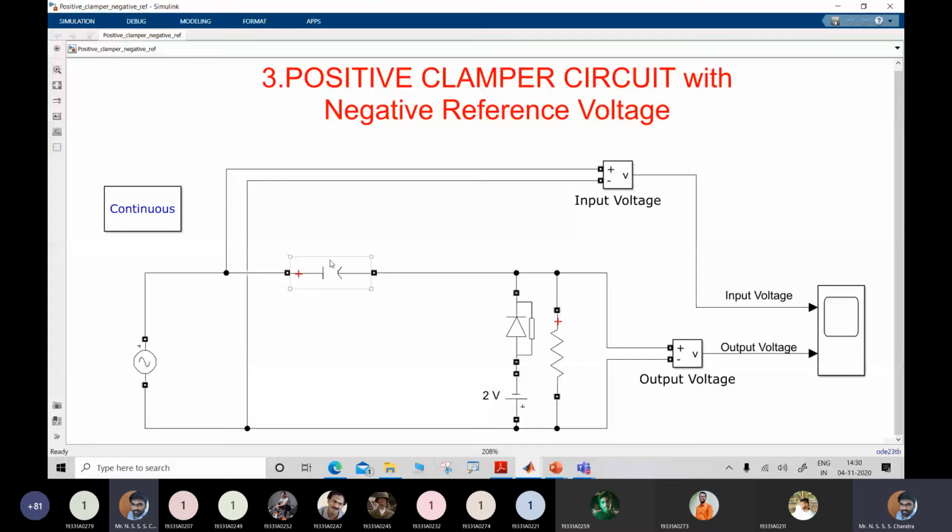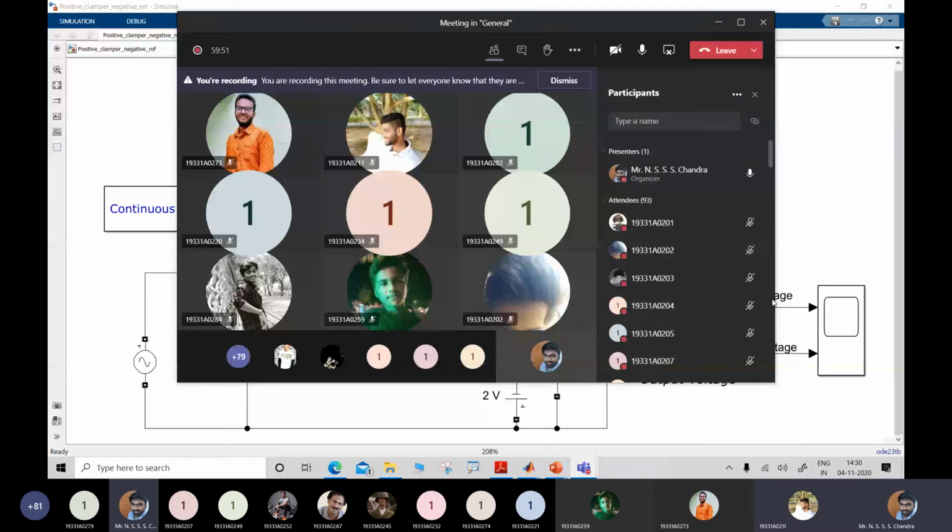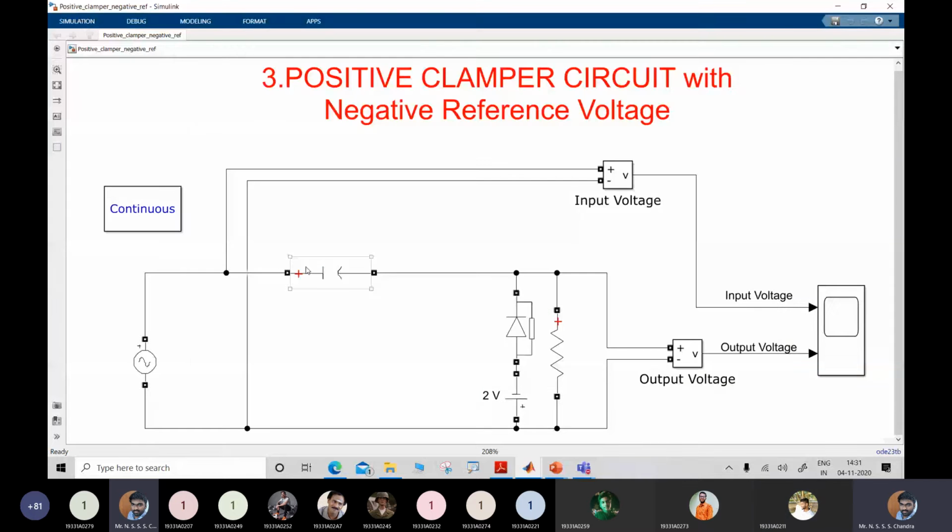Roll number 4, please respond. What will be the value of the capacitor voltage?